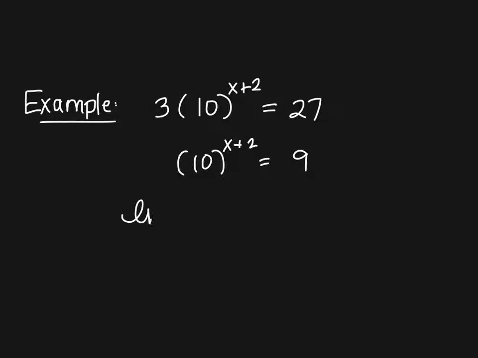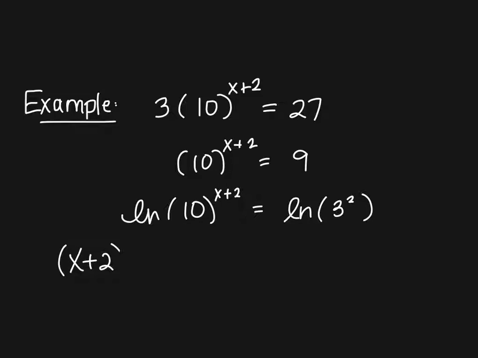So I'm going to put the ln on both sides, and I'm going to change my 9 to 3 squared. That kicks the x and the plus 2 to the front. When you kick two things, you should put parentheses around them in front of ln 10. And it kicks the 2 in front of the ln 3.